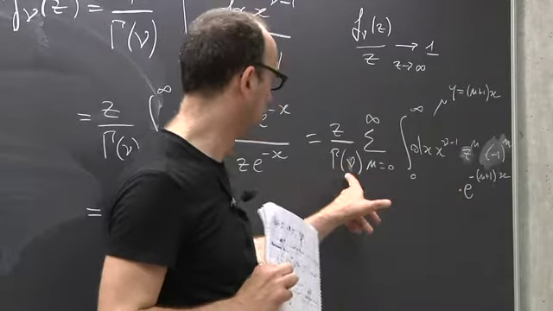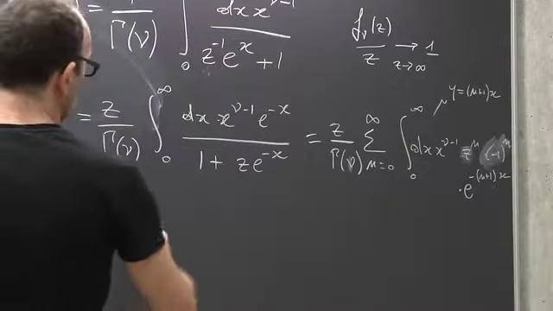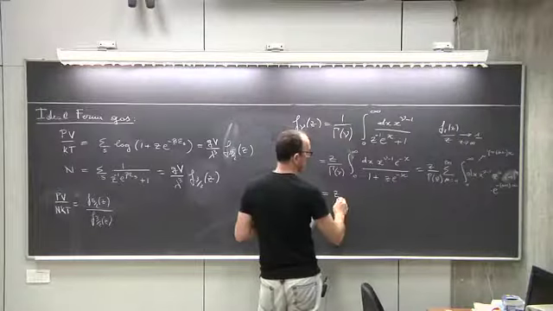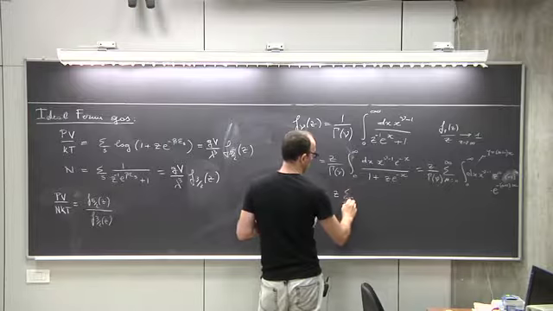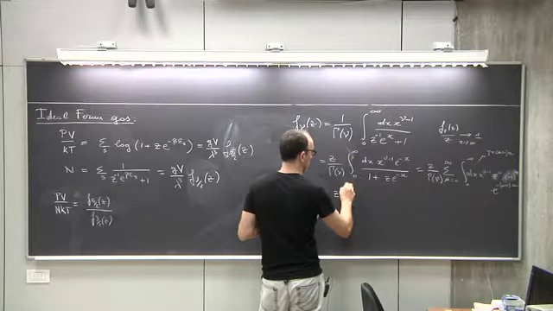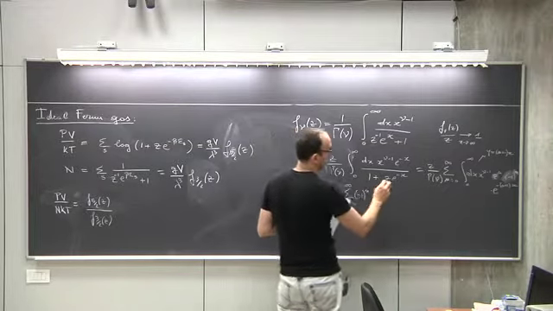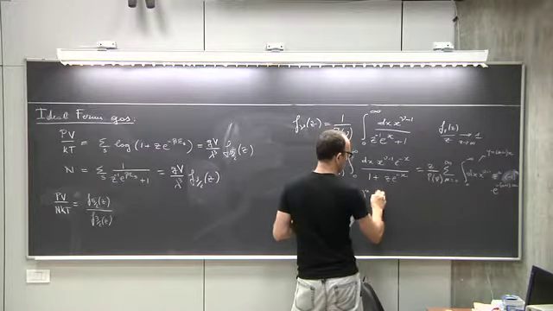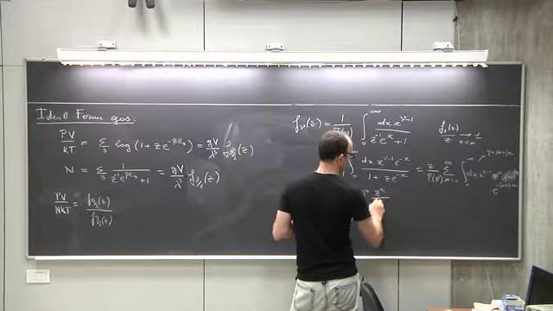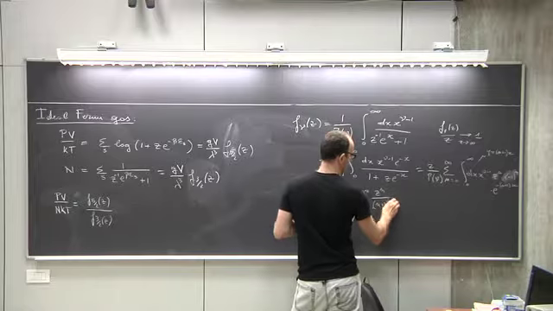And this cancels with this. So this is just z times the sum n from 0 to infinity of minus 1 to the n, and there is a z to the n, over n plus 1 to the nu.